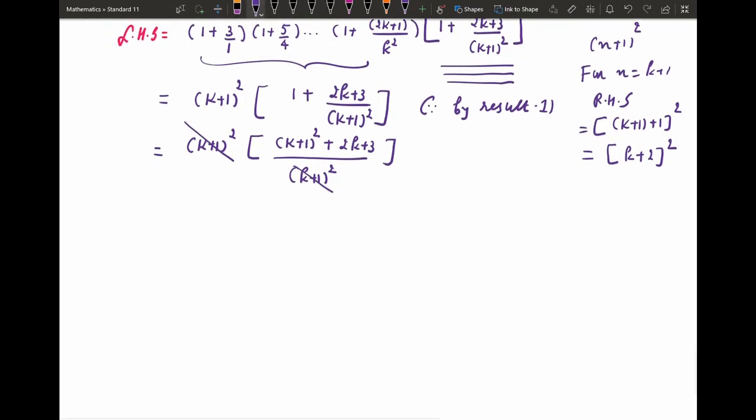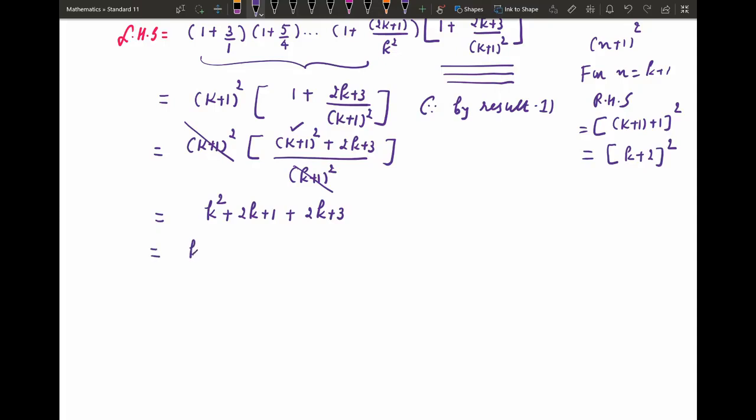Now let us simplify the numerator. This is k square, the expansion of (k plus 1) whole square, so k square plus 2k plus 1 plus 2k plus 3.